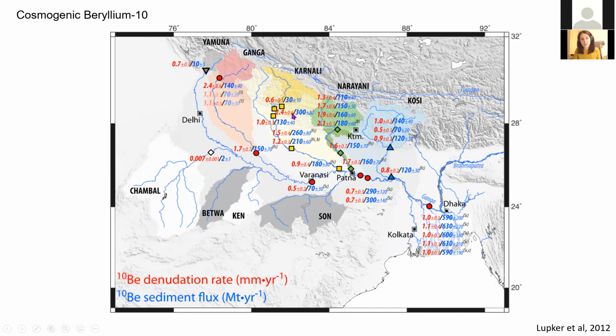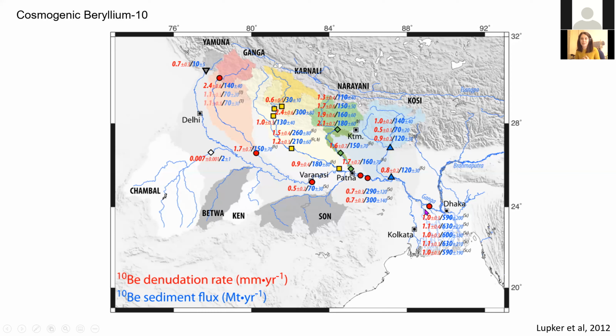However, if you look along strike of the Himalayan mountains, the erosion rates and sediment fluxes don't vary all that much. Any variation which does occur, as the sediment is moved out of the mountains through the plains down to this delta region near Bangladesh, you get an awful lot of mixing and buffering. So the erosion rates even out to about 1 millimeter per year.